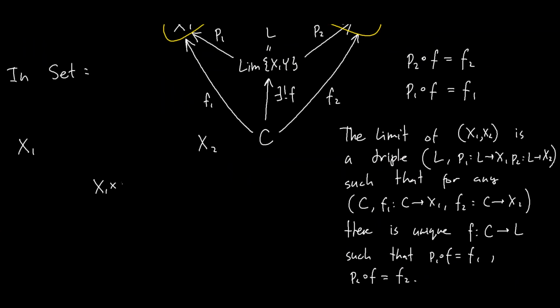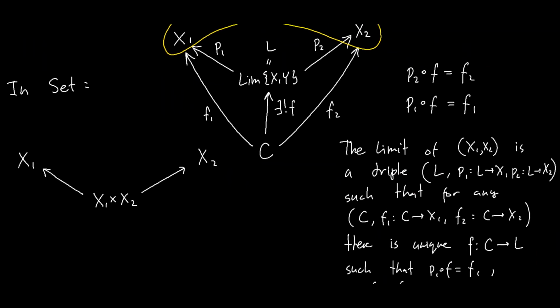So I'm claiming that if I put in the place of L the Cartesian product of two sets, in the place of P1 and P2 I put what usually is called pi1, where pi1 is a function that maps an ordered pair x1, x2 to the first component, x1. And then there's also the pi2 function that maps the same ordered pair to x2.